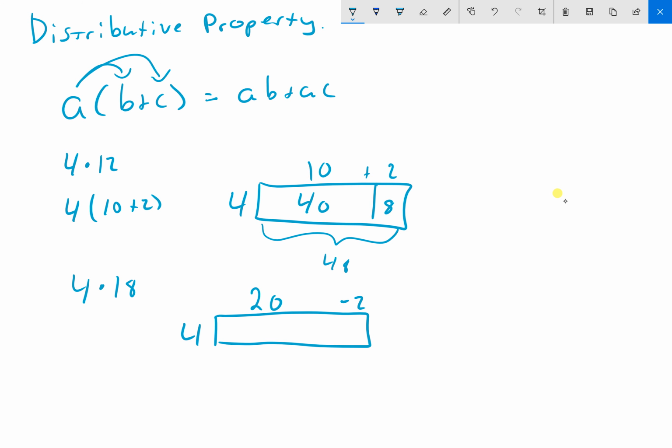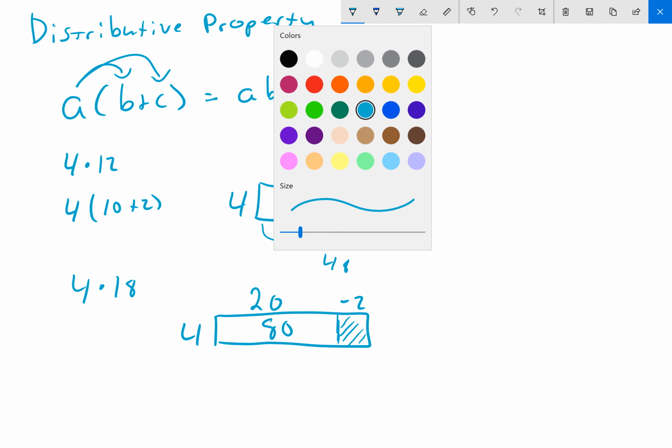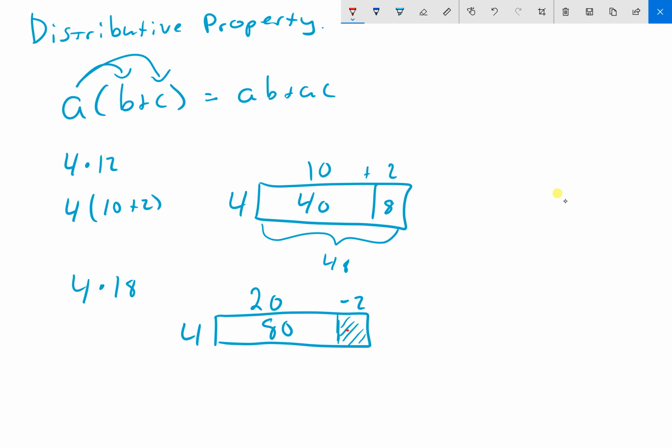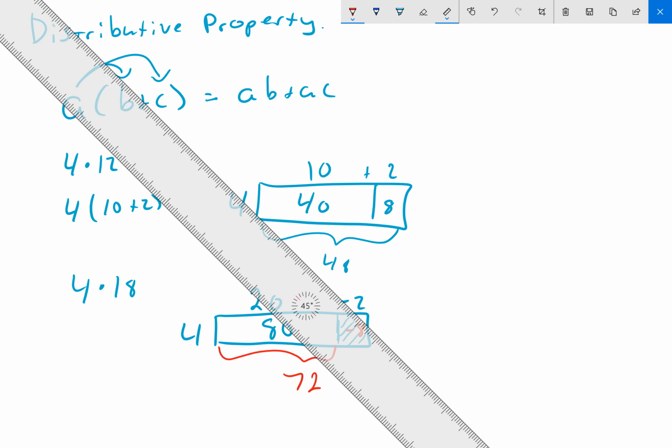If this whole thing is 20, and I take away 2, I get 18. So 4 times 20 is 80. 4 times negative 2 is negative 8. So what's 80 minus 8? It's 72.